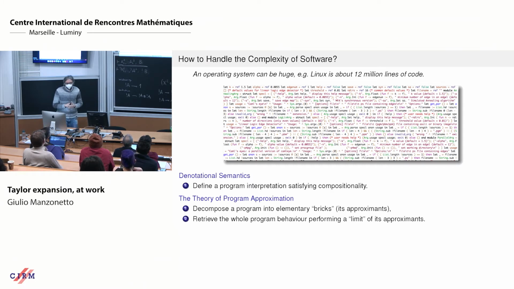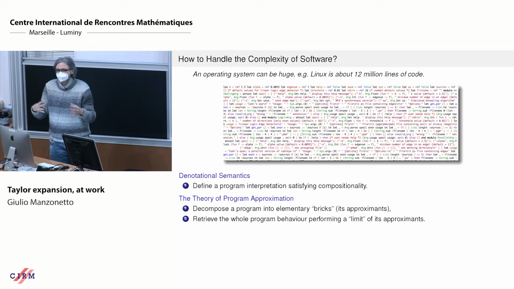And so this is why we use, for instance, denotational semantics to interpret the program into a more abstract mathematical structure that we call a model.